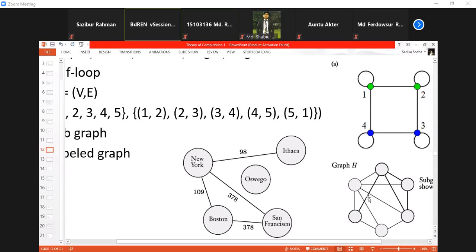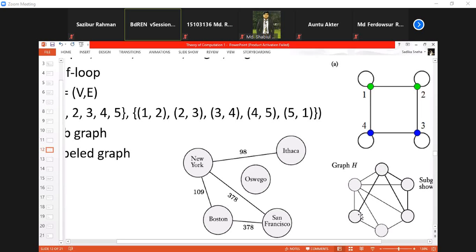Okay, so these darker lines are showing the subgraph of graph A. The entire picture is the graph. Now we want to show the subgraph. We can also take it away from here, or we can draw it separately just to show that it can be considered a subgraph.